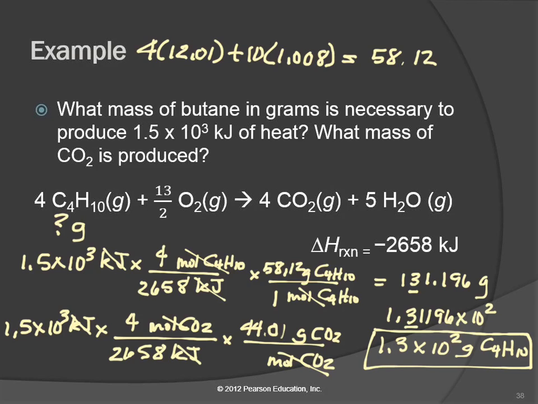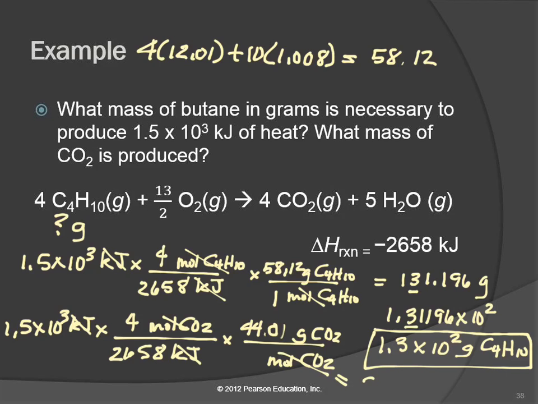44.01. So 1.5 times 10 to the third times 4 divided by 2658 times 44.01 equals, again, this should have 2 significant figures. I'm getting on my calculator 99.345.